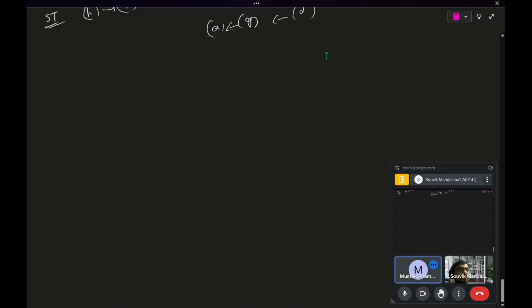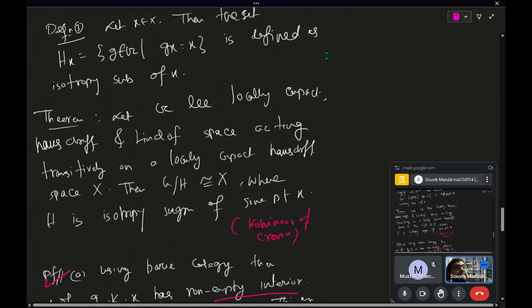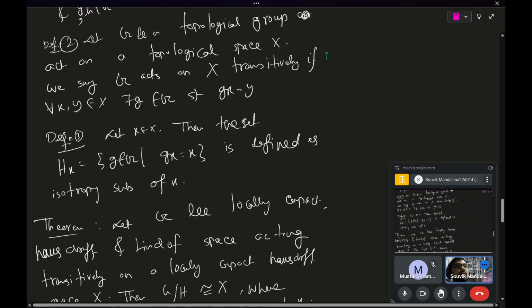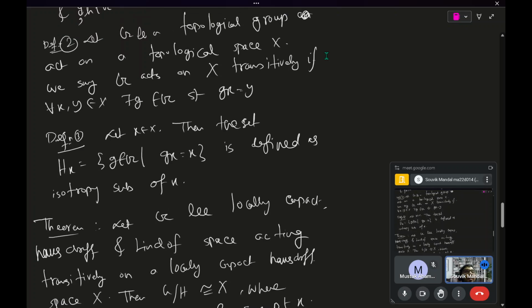Can you again explain the isotropy subgroup? Okay, so the definition is here.